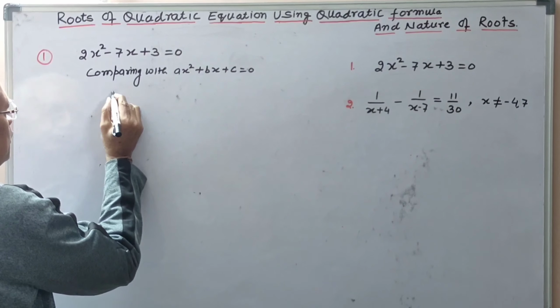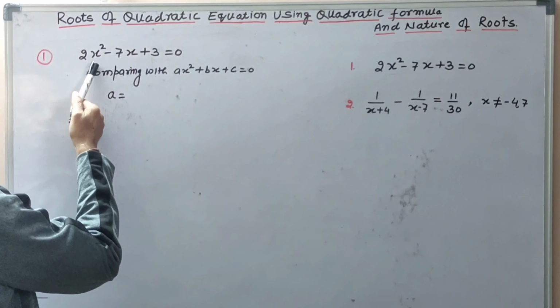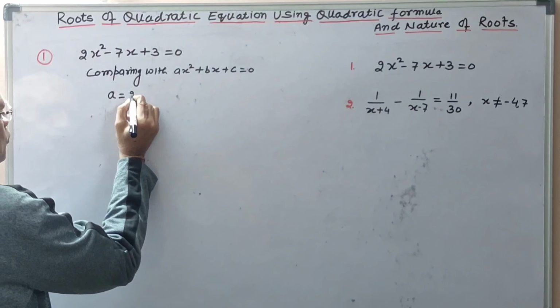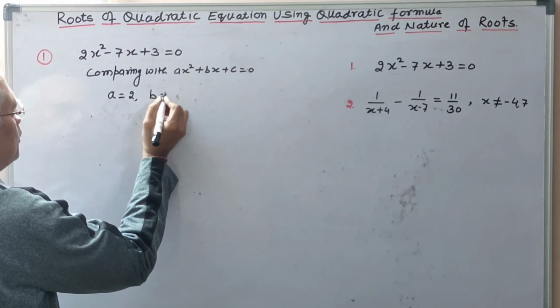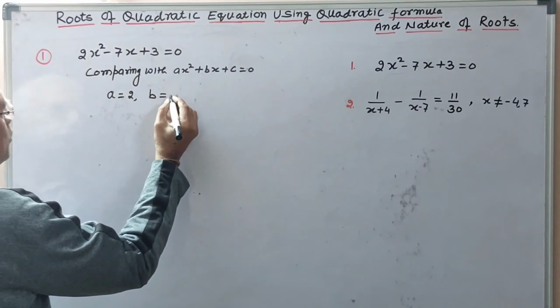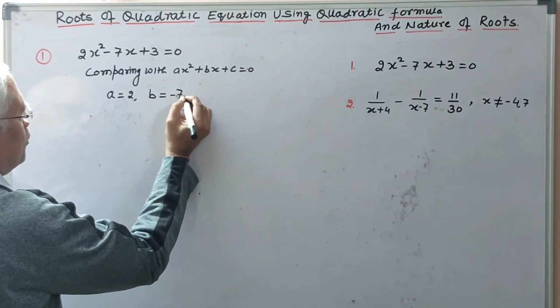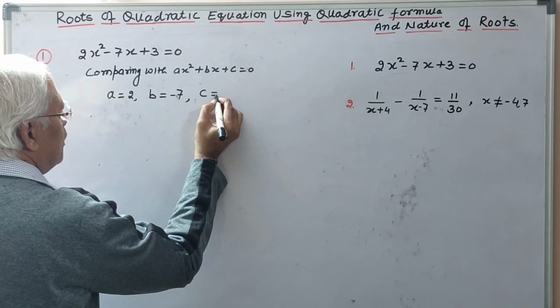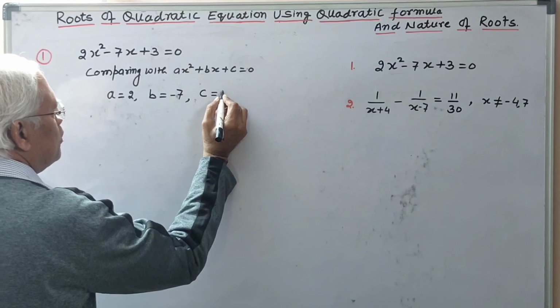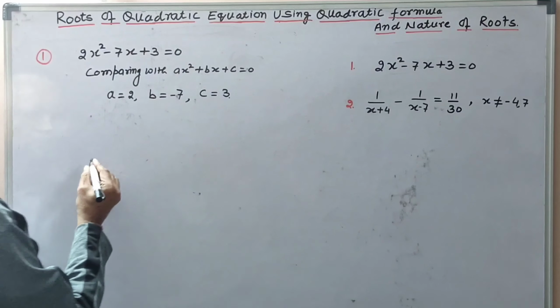Coefficient of x square is a and here coefficient of x square is 2, so a equal to 2. Coefficient of x is b and here coefficient of x is minus 7, so b equal to minus 7. Constant term c and here constant term is 3, so c equal to 3.